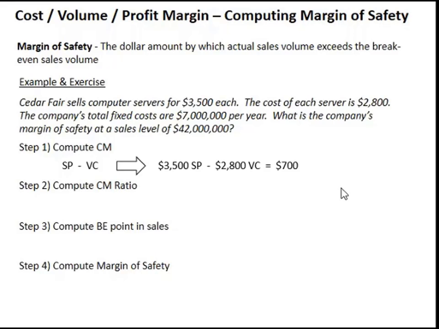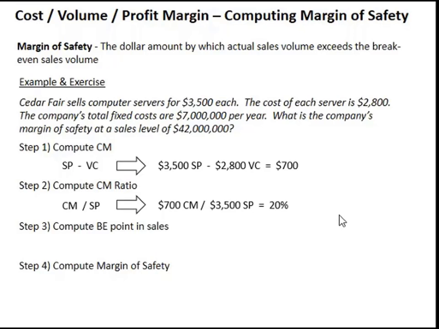Step number 2 then is to compute the contribution margin ratio. That's our contribution margin divided by our selling price. We have a $700 contribution margin that came from step number 1. We divide that contribution margin by our sales price, and that comes out to 20%.